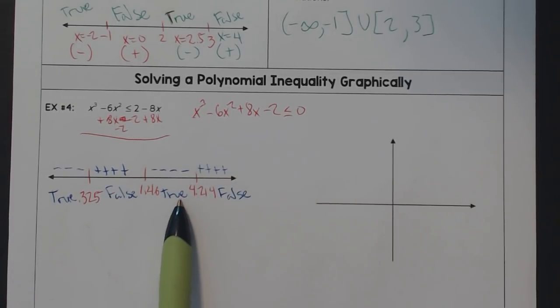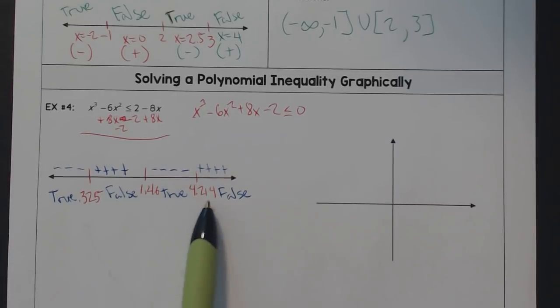Here I put a value between 1.46 and 4.21, and a nice number is 2. Plug in the 2, I get less than 0. And for 4.21, I picked a 5, plugged in 5, and we find out that it is greater than 0. So that's why I got a false statement. I just did not show the calculation, but you guys can put that in your calculators to verify how I got this. Feel free.